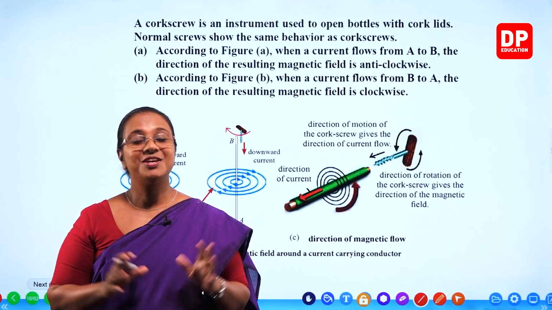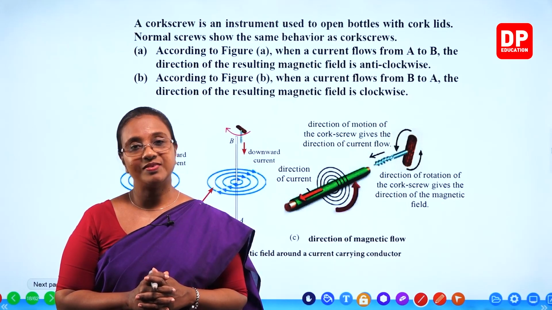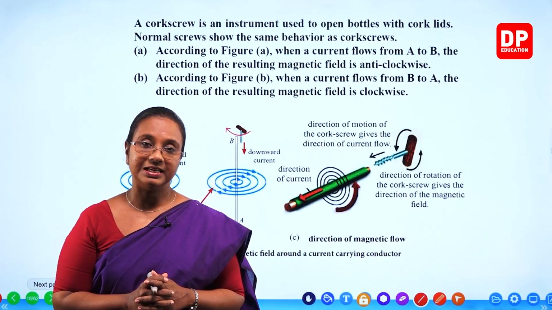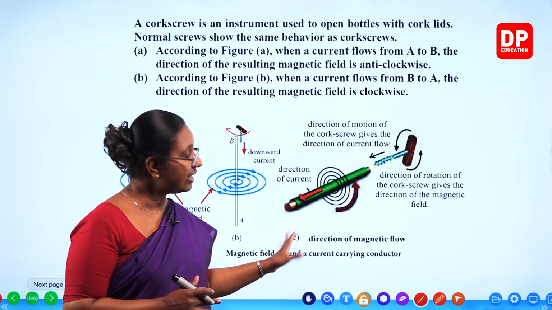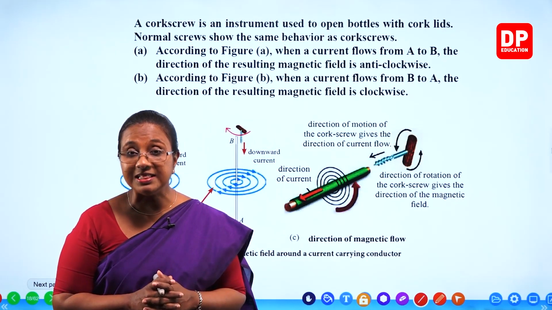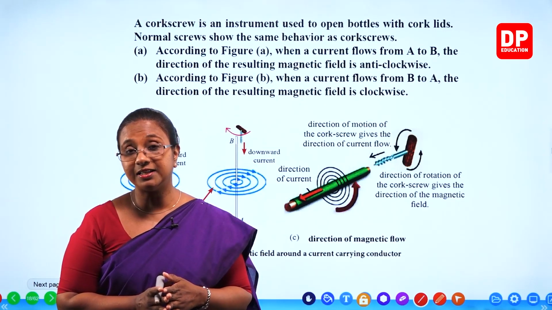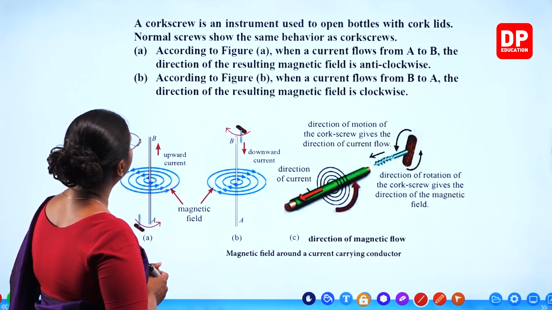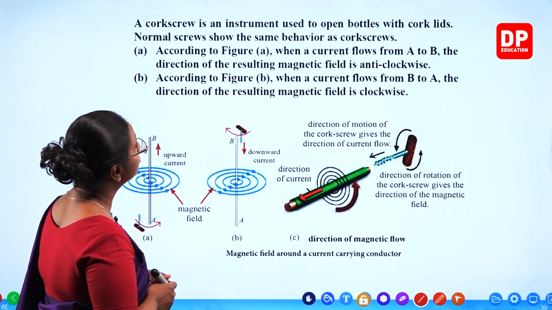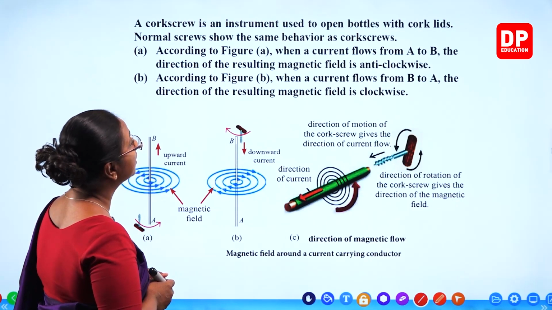Okay, students. Did you all observe the Maxwell corkscrew rule clearly? I'm sure you did. Now again, I will read the explanation, and with that, I will explain the activity to you all. Here you can see, a corkscrew is an instrument used to open bottles with cork lids.